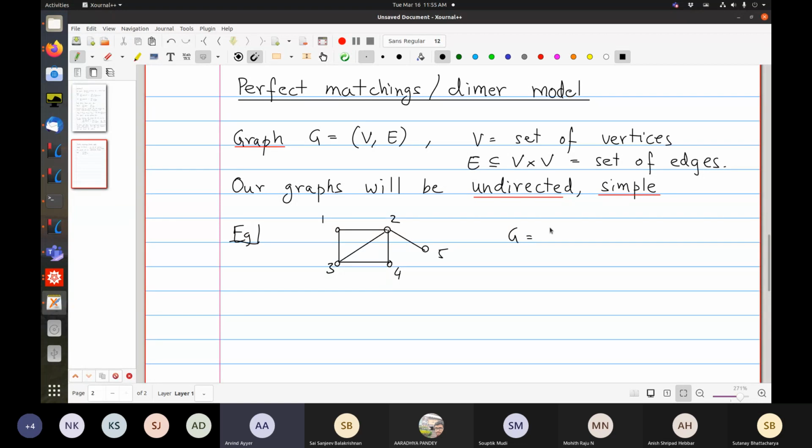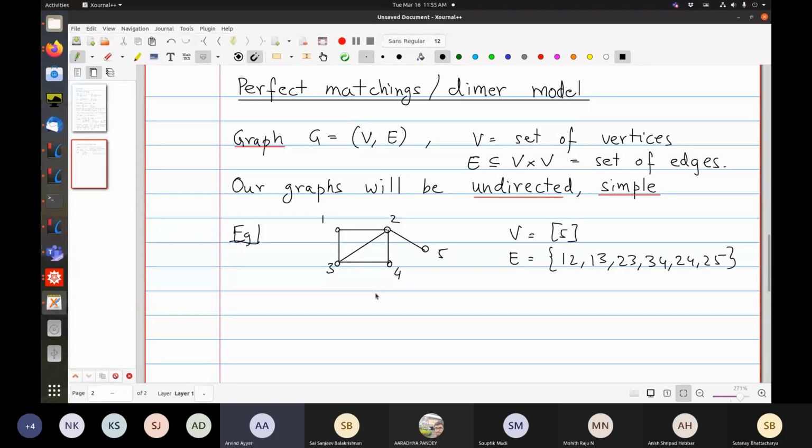So your G is V is 1 through 5, and E is some pairs, which I will not write as sets: 1 2, 1 3, 2 3, 3 4, 2 4, something like that.